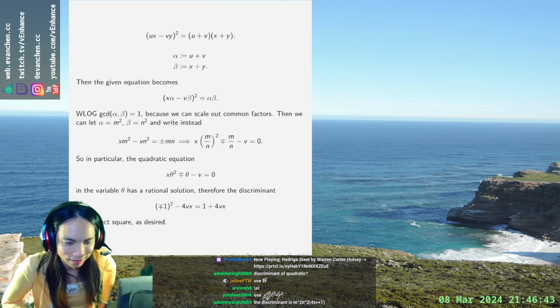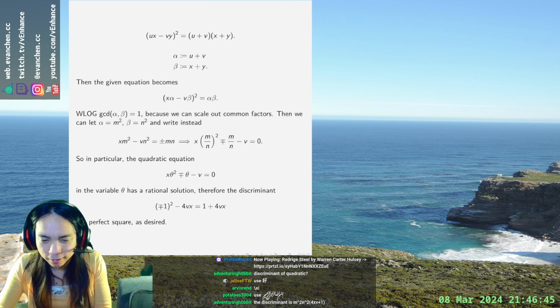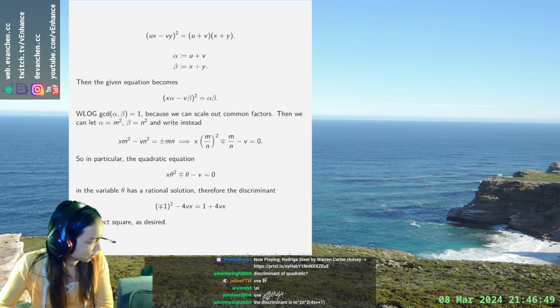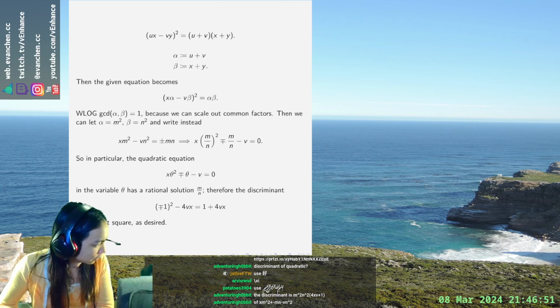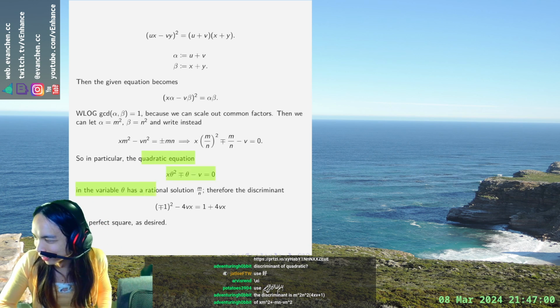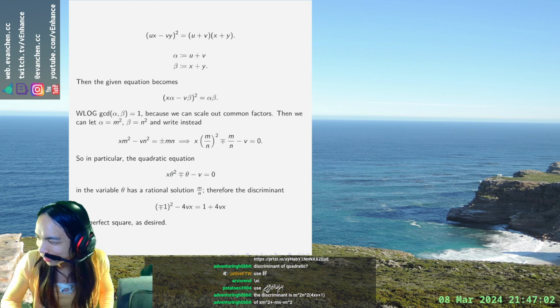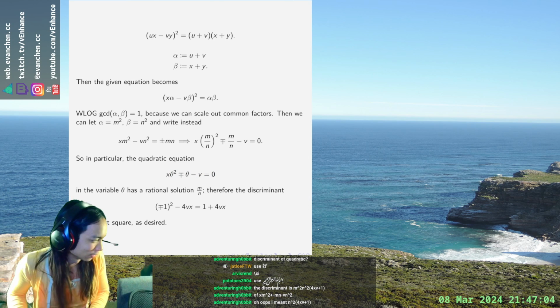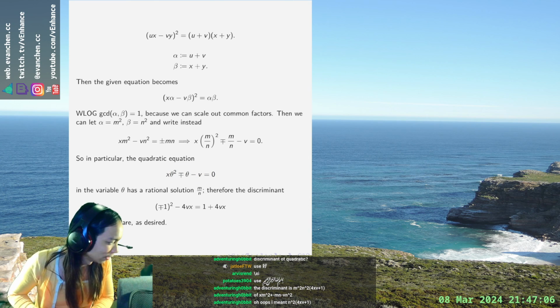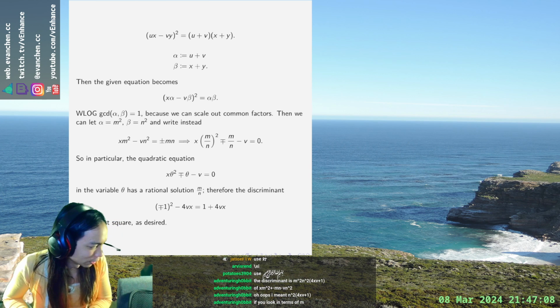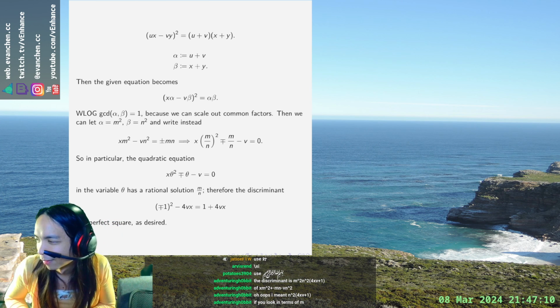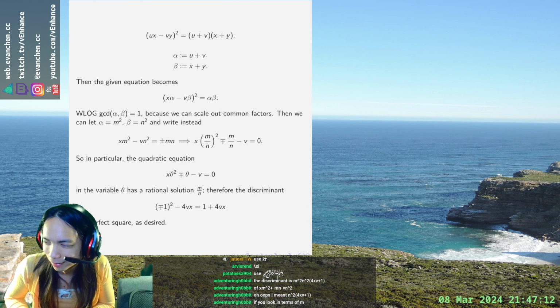Well, what's your quadratic? My quadratic is this. I don't know what your quadratic is. If you want to scale all the coefficients so that it has an integer solution, that's okay, but if you look in terms of m, I guess.